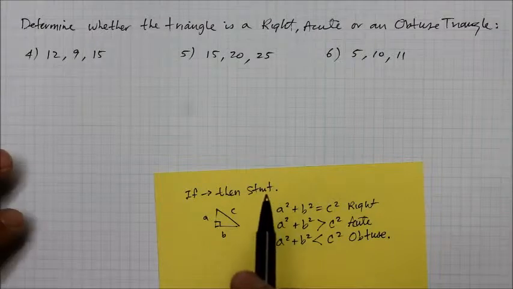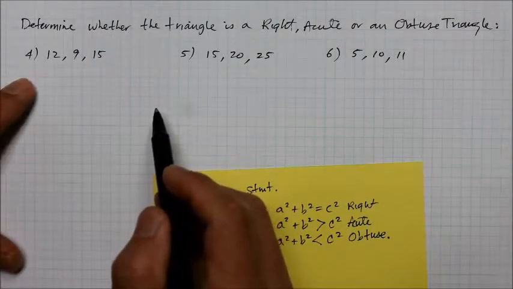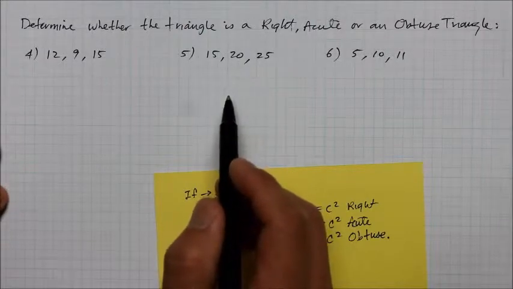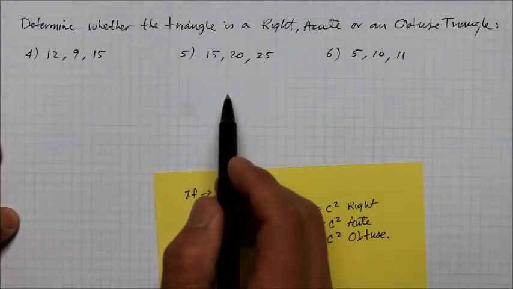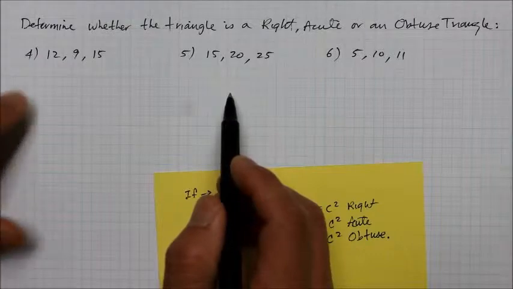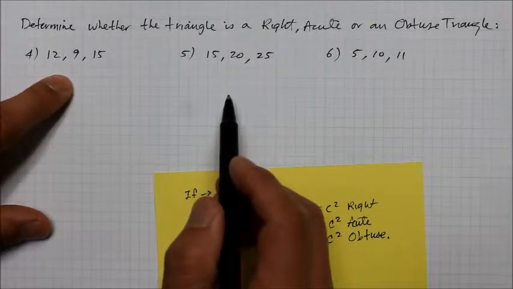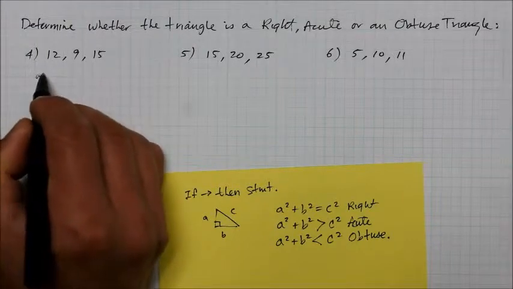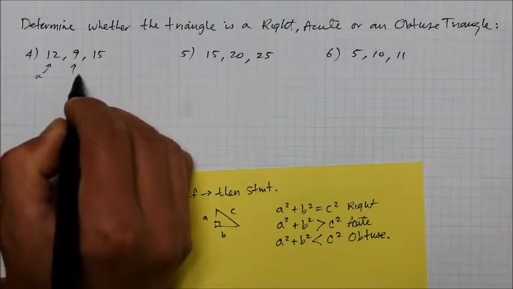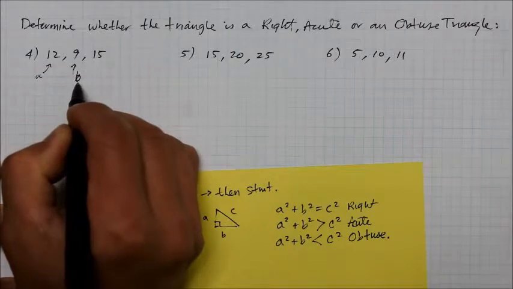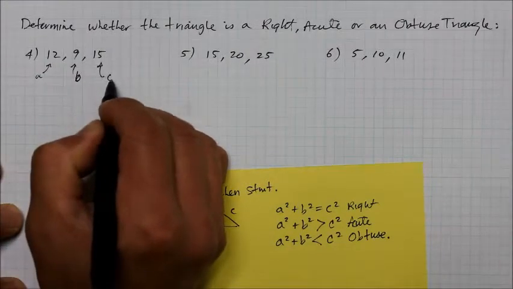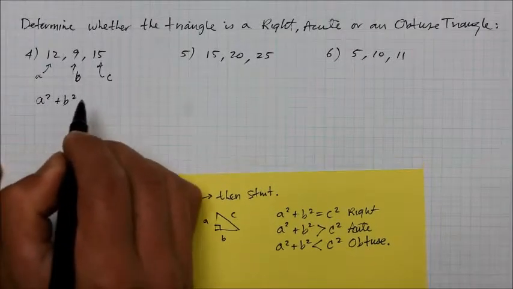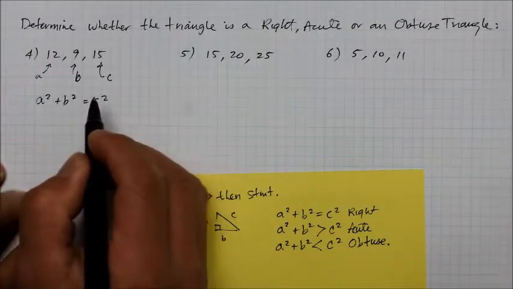Okay then. On numbers 4, 5, and 6, just like numbers 1, 2, and 3, we're going to use the Pythagorean theorem, and we're going to use the converse to determine whether this is a right, acute, or an obtuse triangle. So in this case, this is A, this is B, and this is C. So we go a squared plus b squared equals c squared.